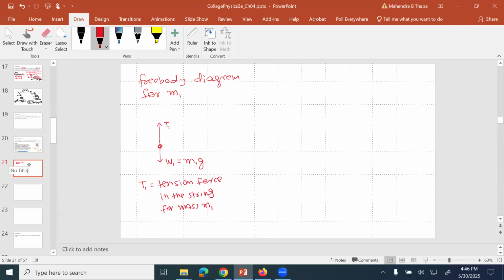Similarly, we can draw the free-body diagram for mass M2.